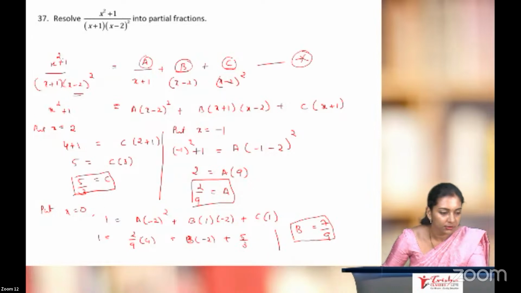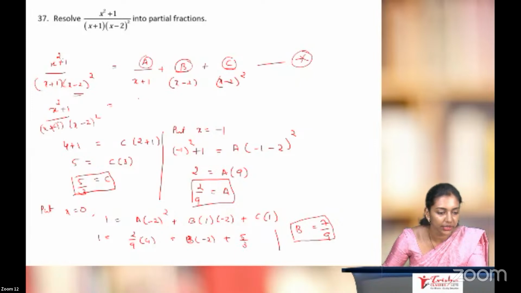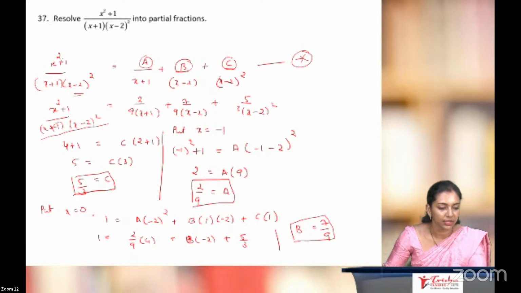So the final answer will be x square plus 1 divided by x plus 1 into x minus 2 whole square equal to A, which is 2 by 9, 2 by 9 into x plus 1, plus B, 7 by 9, into x minus 2, plus C, 5 by 3, into x minus 2 whole square. So this is the final answer.